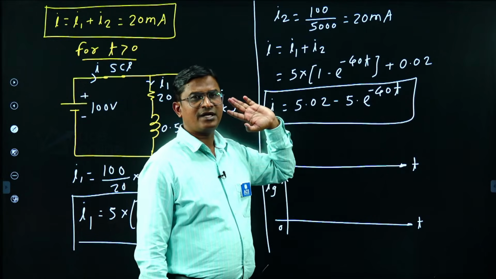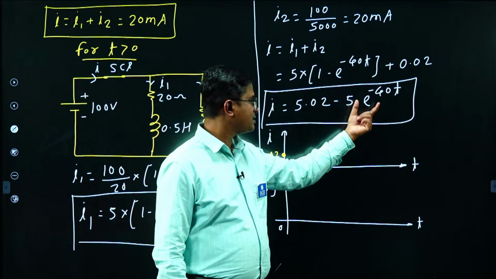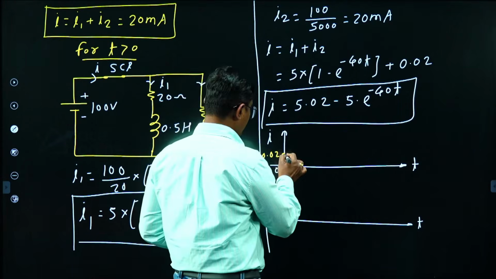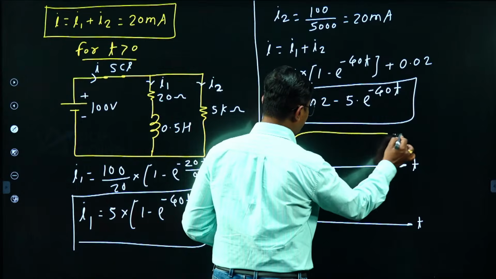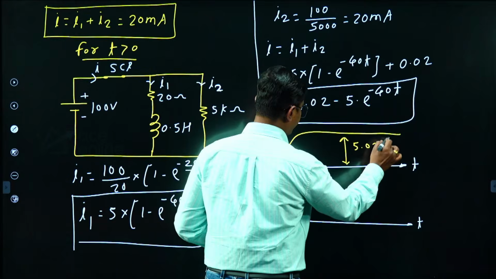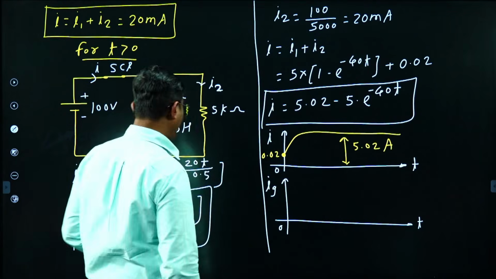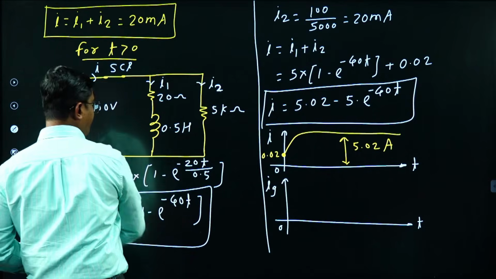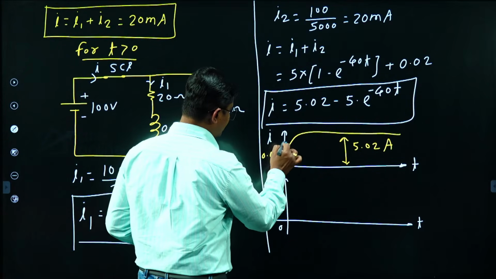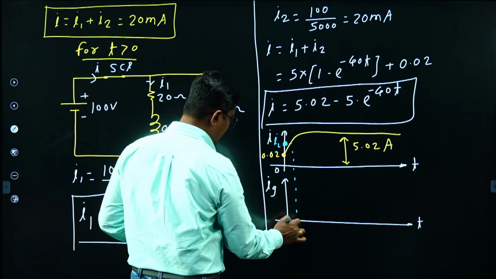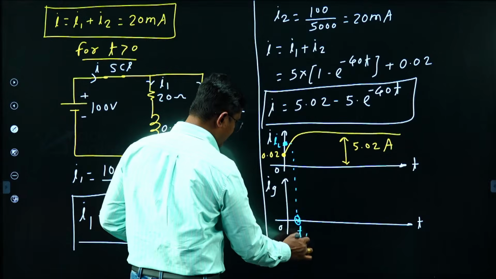At t equal to infinity, this term will become 0, so current is 5.02. So your current will be exponentially increasing and reaching a steady value of 5.02, right? When current increases from 20 milliampere to 5.02, somewhere it will cross which value? Latching current, right? And I need to maintain the gate signal till my SCR current reaches the latching current value.